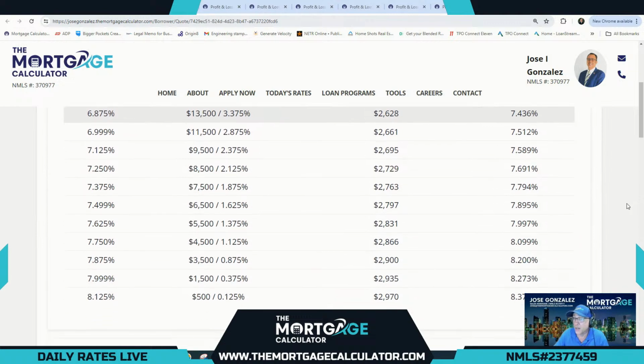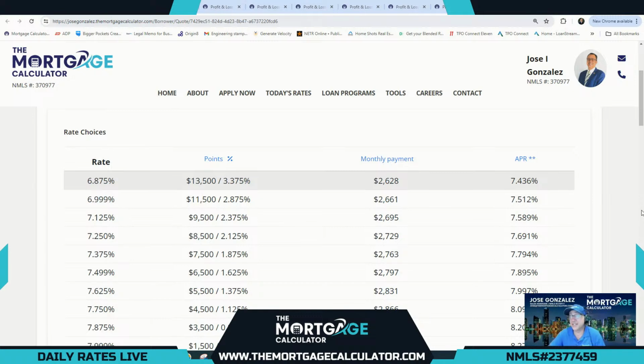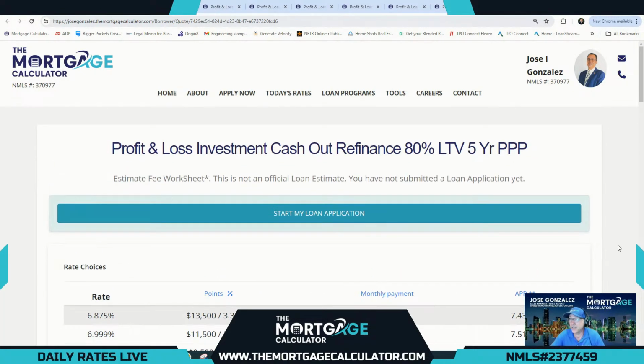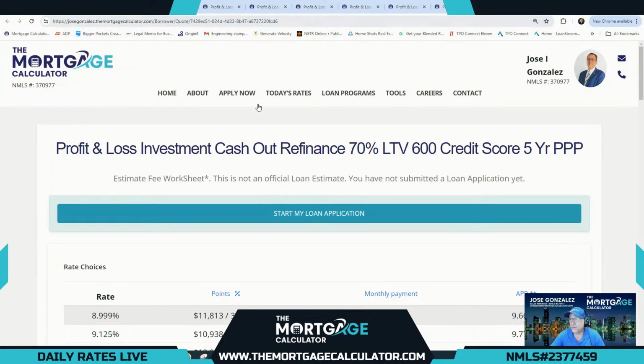Wow. So lowest cost option, 8.125, lowest rate option 6.875 for 80% LTV 5-year PPP. And I can guarantee you that's blowing the socks off of full doc conventional on a cash out.